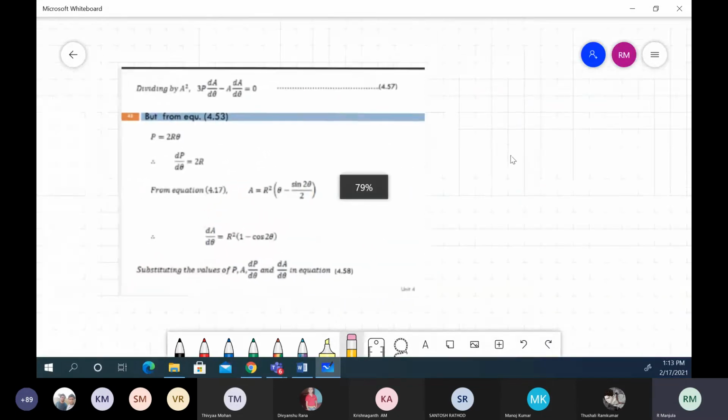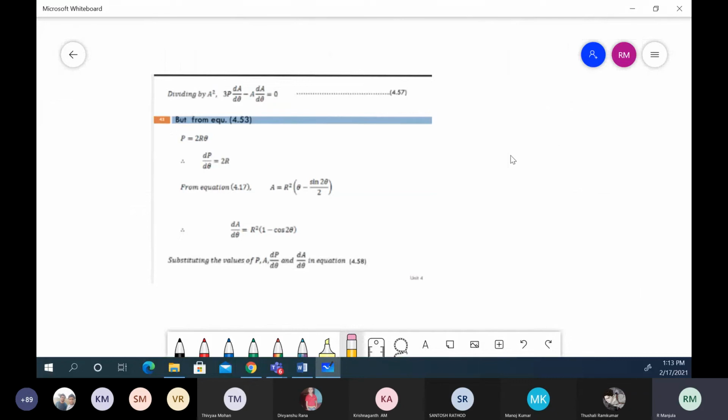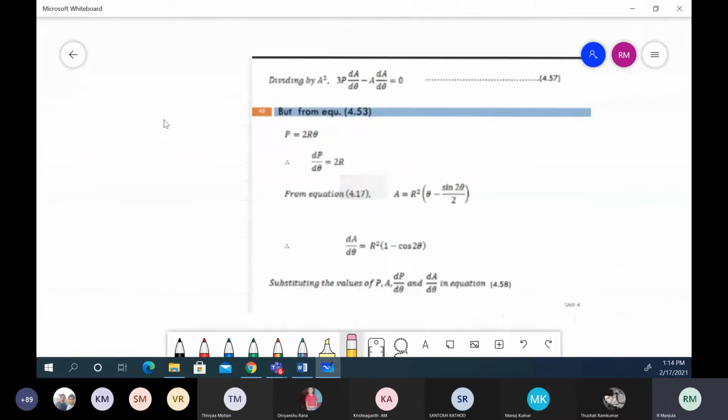So you are dividing, so the equation is, because the previous equation is 3P into A square into dA by d theta minus A cube into dP by d theta equal to 0.